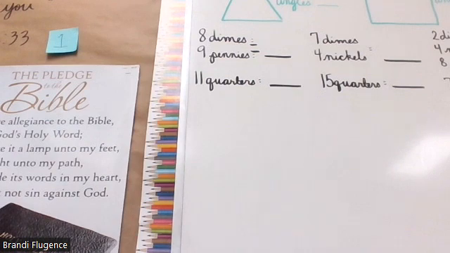Yes? When we're finishing our story, at the end of the 10th sentence, do we put something about us going to bed? You can, that's fine. Okay. Are you almost done? I'm on sentence 9. Okay.